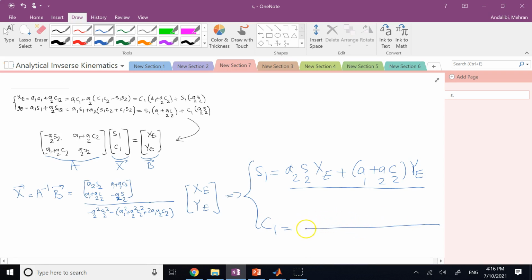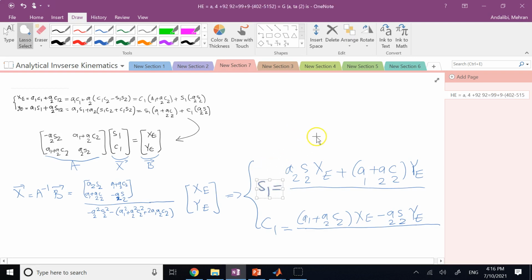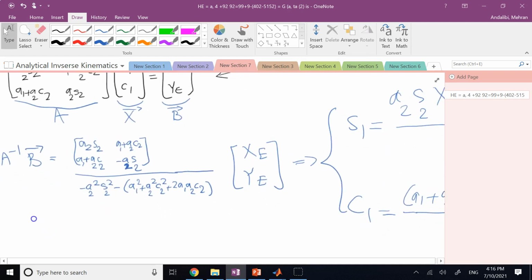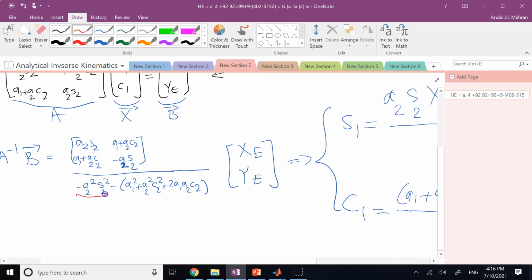except it is going to be this term here minus this one times YE, again divided by the determinant. And what is the determinant? If you want, you can simplify it a little bit. Because in the determinant, if you see this guy here and this one, since they're all going to be negative, the A3 can be factored out.